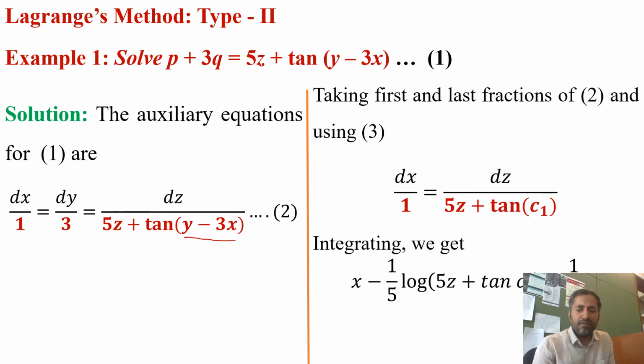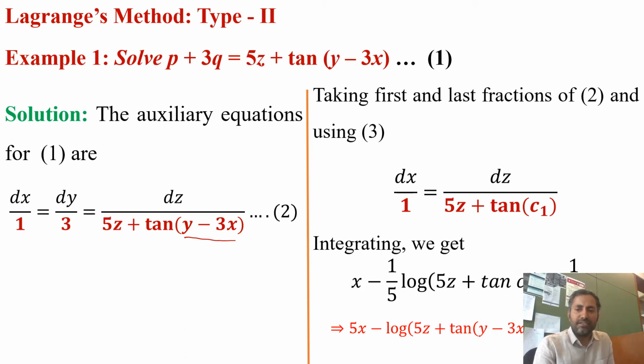We can take this to the other side. So x minus 1 by 5 log of 5z plus 10 c1. Ultimately it is 5x minus log of 5z plus 10y minus 3x, and this is equal to c2.